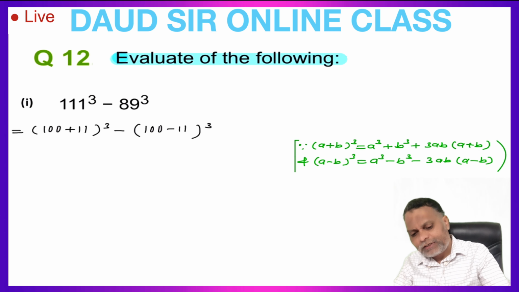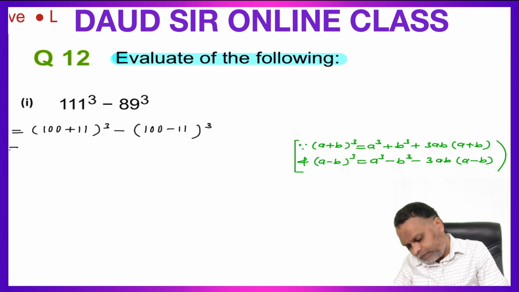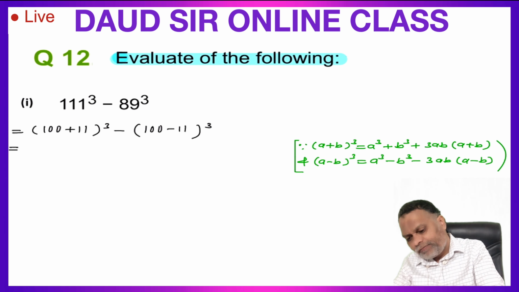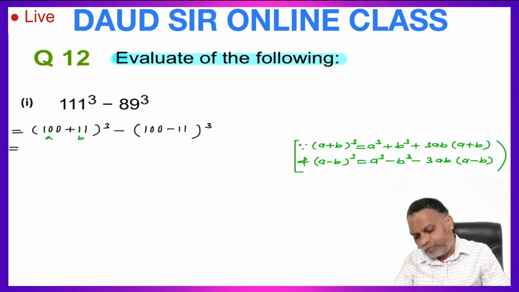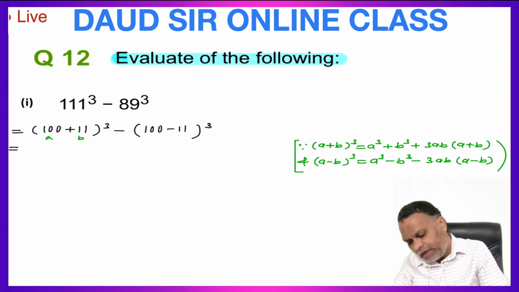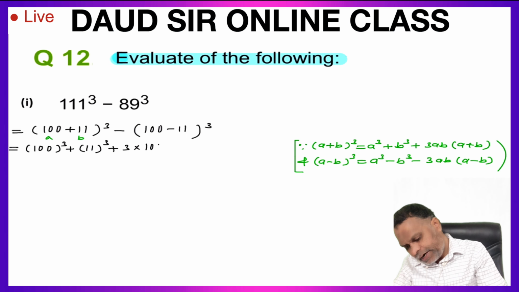These two identities we can apply here. Here A is equal to 100, B is equal to 11. So A cube is 100 cube plus B cube 11 cube plus 3AB, 3 into 100 into 11 into (A plus B).